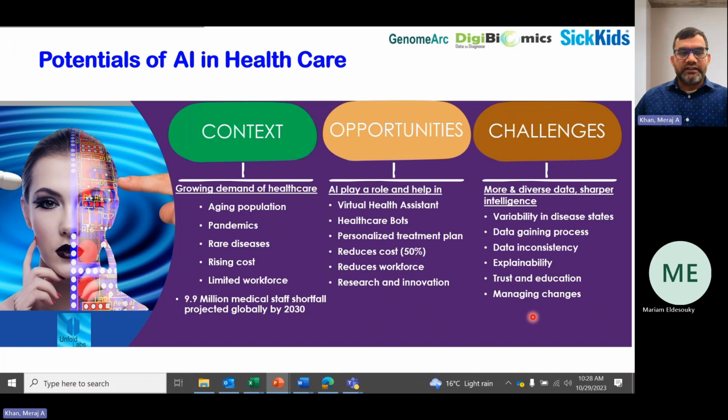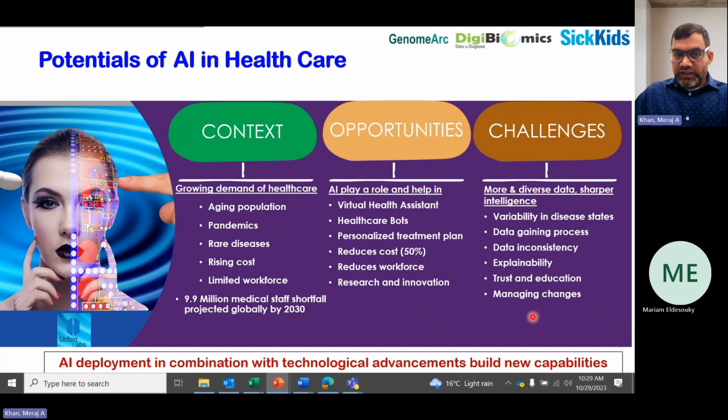So we have to build that trust and we have to educate them, because mostly, early on or even currently, any patient wants to have a clinician or physician touch. That is something we always prefer, but down the line, by giving more education and change management, we will be able to make our community trust these AI-based help, assistance, and recommendations.